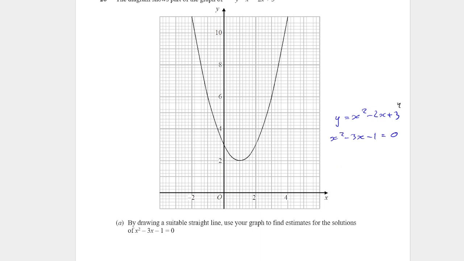So I need to rearrange this to make this. So to do that, I need to minus x on both sides. So let me write this as x squared minus 2x plus 3, and then I would need plus 4 on both sides. So what did I say? I said I'd need to minus x on both sides, and I would need to plus 4.